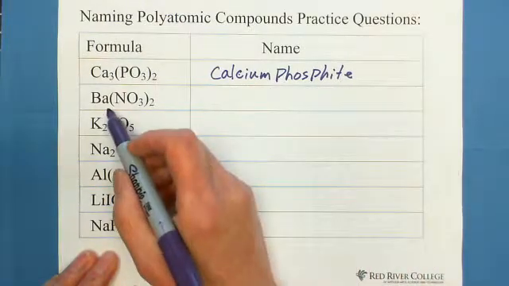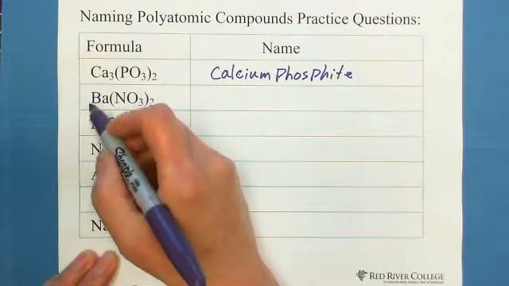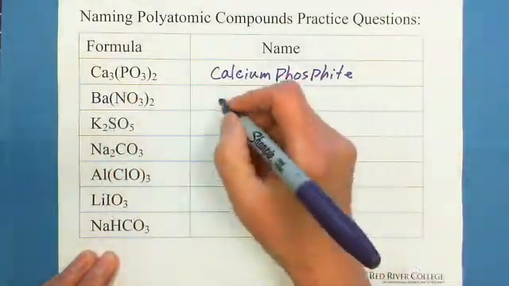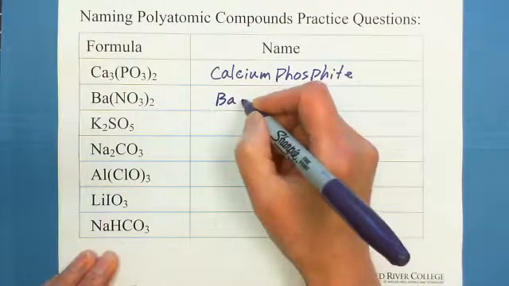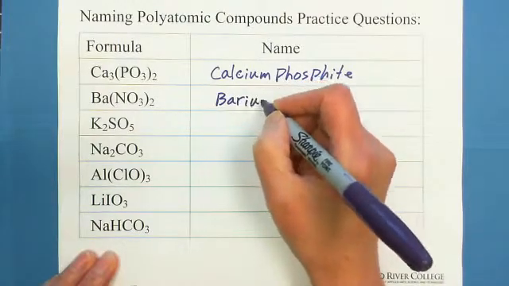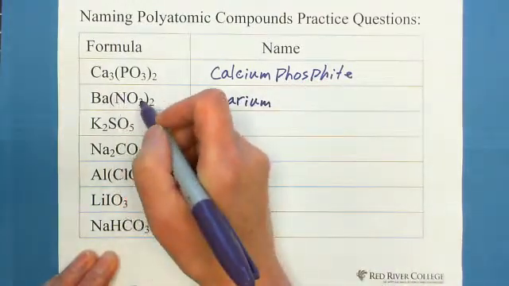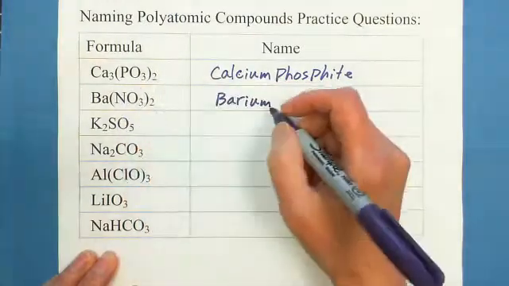Next, Ba is a metal with fixed charge, barium. NO3 is nitrate.